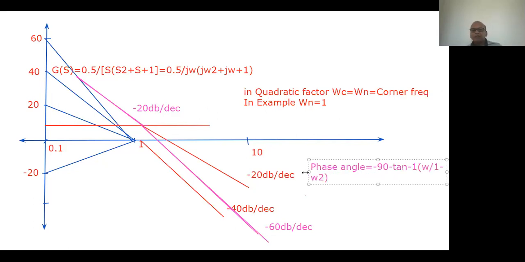Here put the values of omega equal to 0.1, 0.2, 0.5, 1, 5, 10.